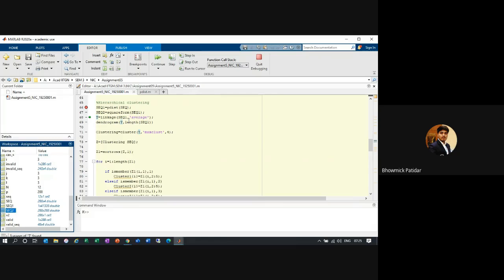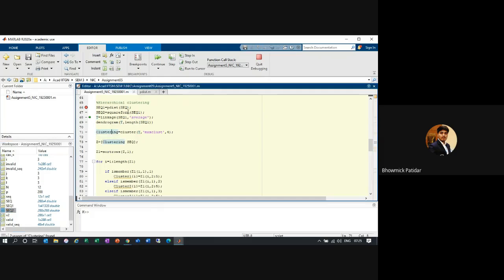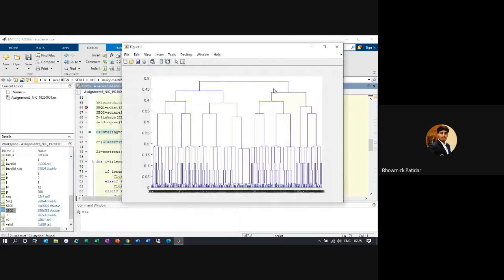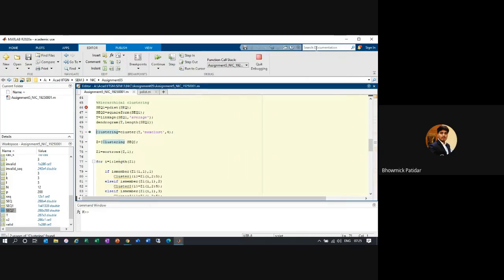We can see how the clustering operation is done using the dendrogram and how it looks. This dendrogram shows us the hierarchical cluster tree. These small clusters are initially divided into binary, then it grows the smaller ones into larger ones, and we finally get this binary hierarchical cluster tree.